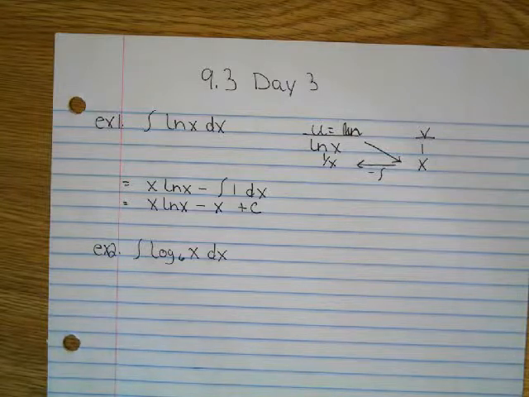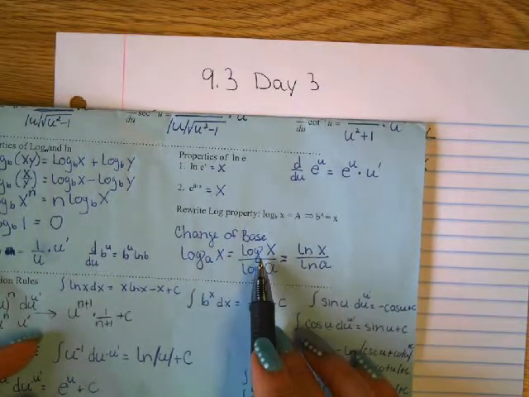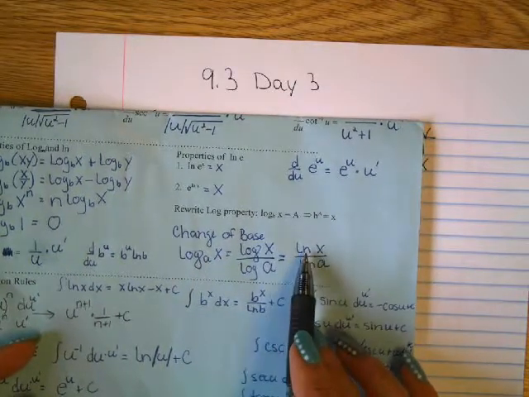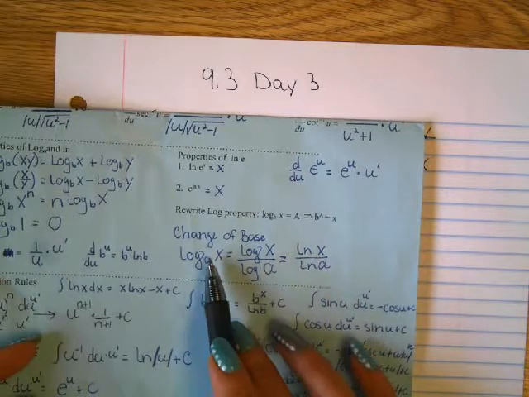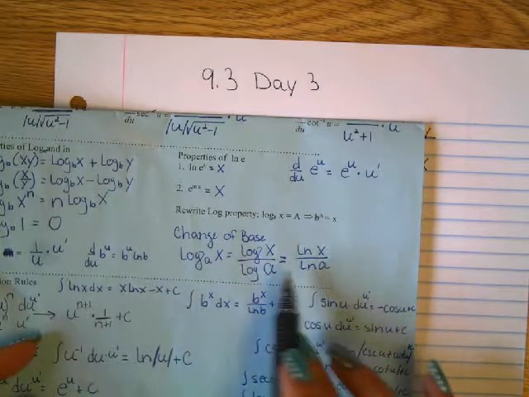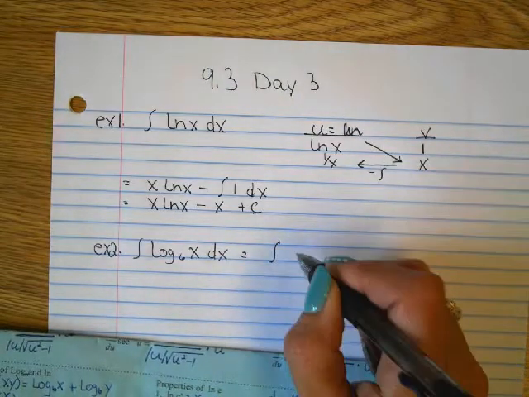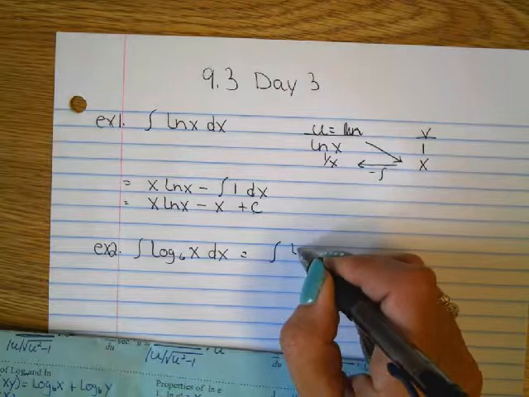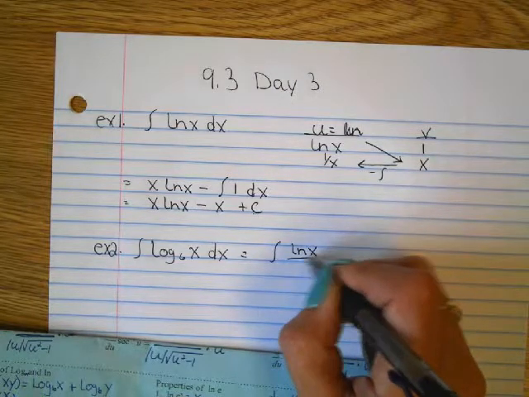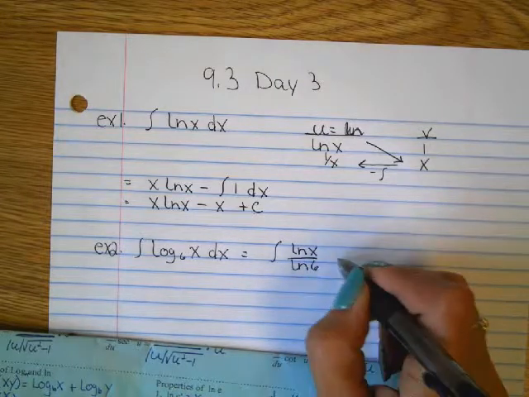If you remember on your blue sheet, change of base of log base anything of x, you can change the base. We're going to go with natural logs because we know how to integrate that now. Natural log of x over the natural log of the base. So we'll have ln of x divided by ln of 6.